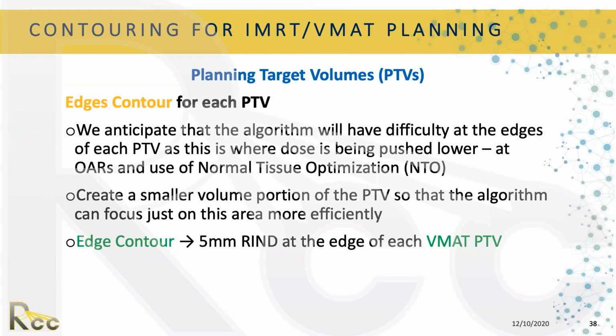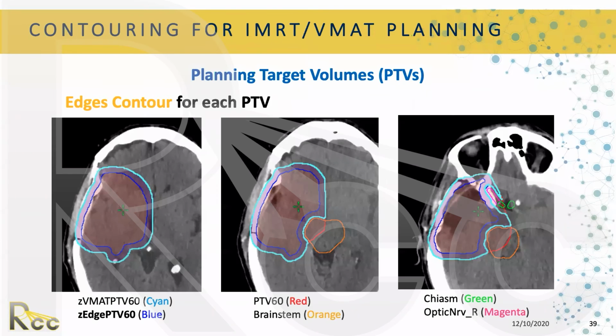That's why we create these small structures. I have an example here on a brain case where the PTV is in red. It's all the shadows of it; the PTV basically is all of this. Unfortunately, it's hard to play with the colors here, but the whole thing is the PTV. Then you have the brain stem, the chiasm and the optic nerve.